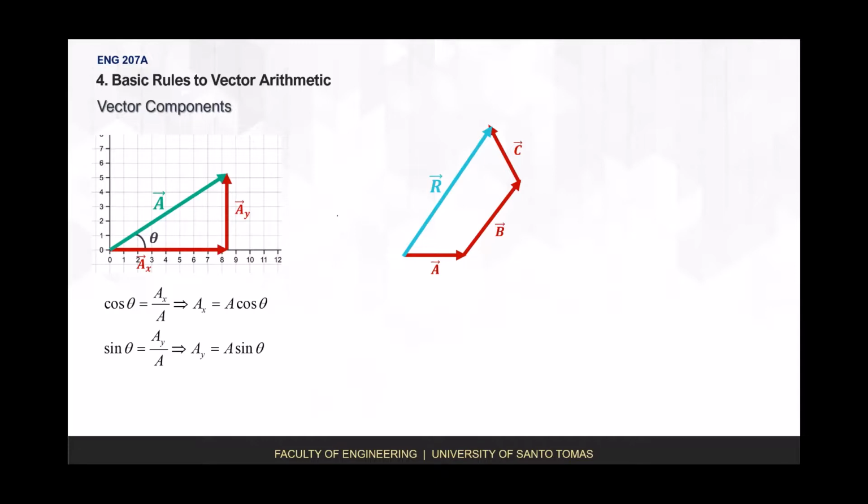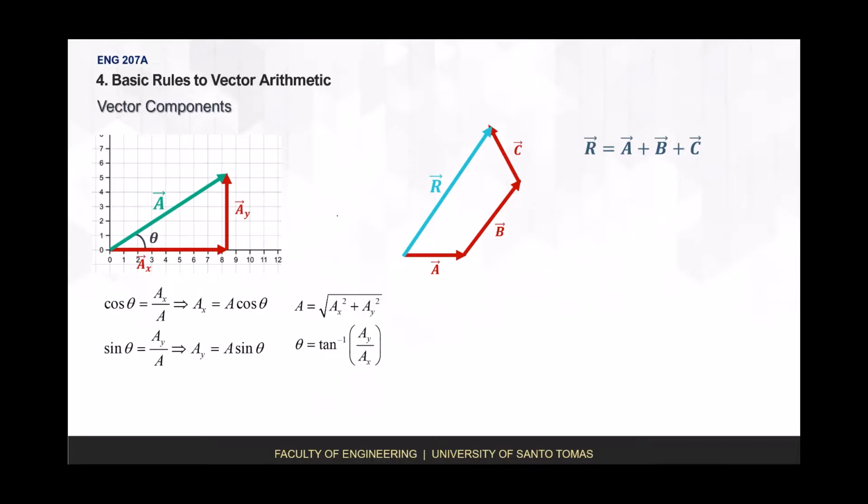You can also use this to get A. Once you get your AX and AY values, you can also get your theta by simply doing the inverse tangent. So again, what if you have multiple vectors, more than two, like A, B, C, and more? If you remember this, the resultant is simply the summation of all the vectors available. And same also with the components.